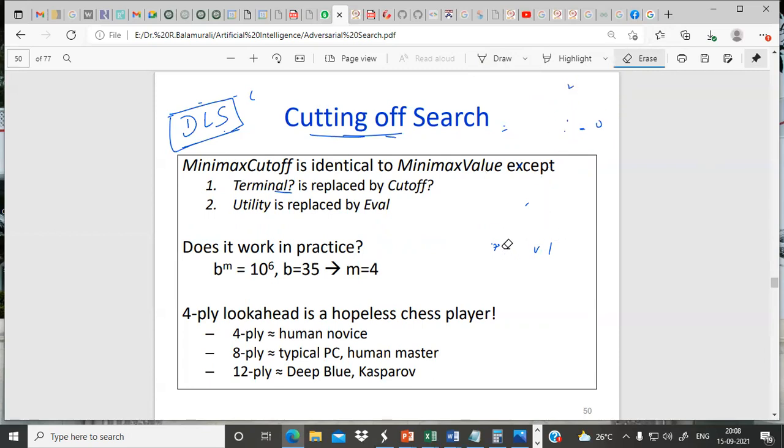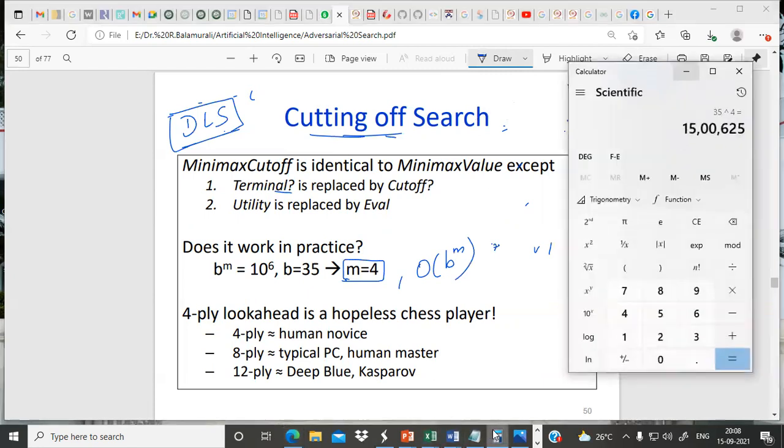So let us assume that we have set up a cutoff value of m equal to 4. Cutoff search says you cut off the search at a particular level. Don't go up to the leaf node. If m is 4, then what is the time complexity? It is order of b to the power m. This itself is a big number, but b is 35 in case of chess.